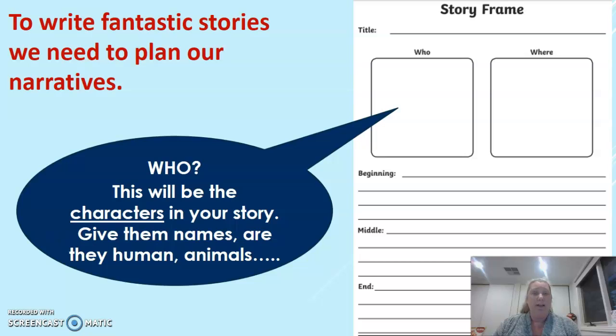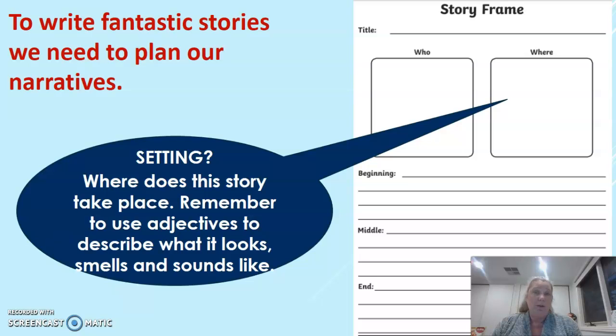We're going to write down who our characters are, and we're going to need to introduce them and use adjectives to describe them. We are also going to talk about the setting. Now, you might choose that it happened in the past, so you need to think about what the setting might look like.